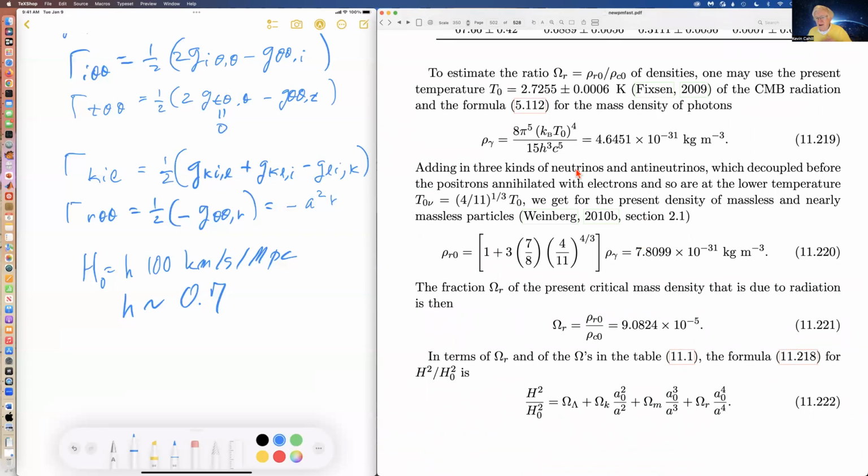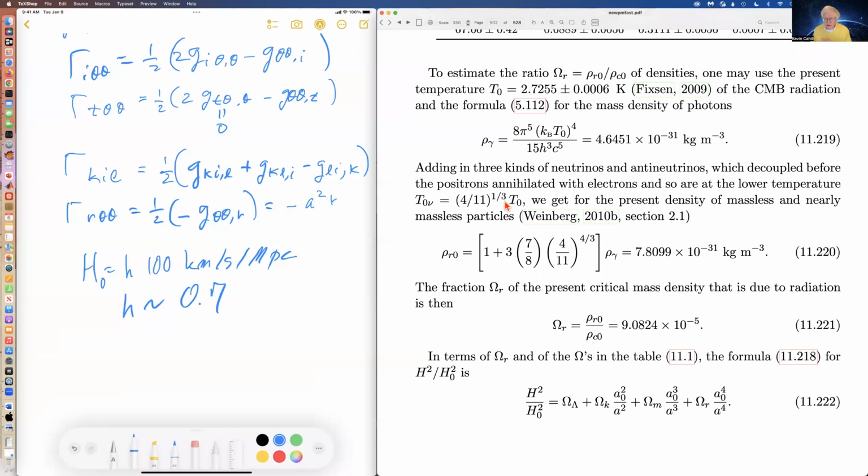Then you add in neutrinos and antineutrinos, and they're at a somewhat lower temperature, though, because they decoupled before the positrons annihilated with electrons. And so the CMB photons have the energy of positron-electron annihilation, whereas the neutrinos don't.